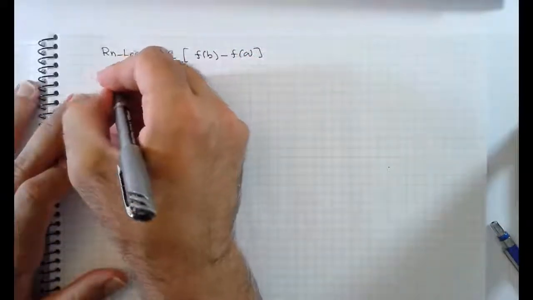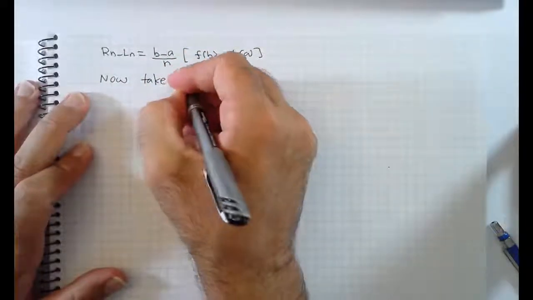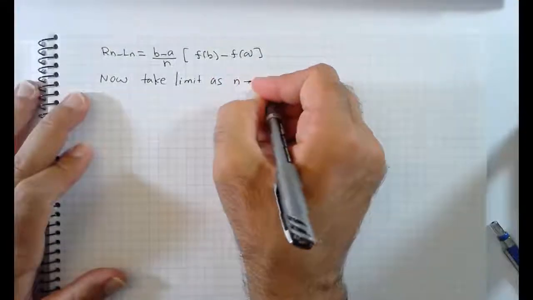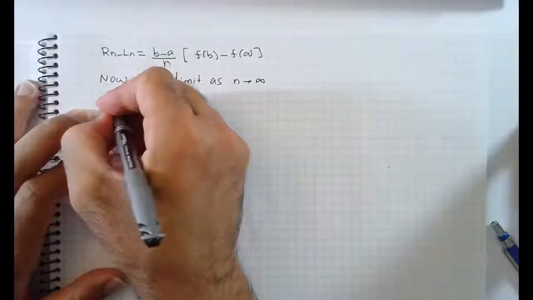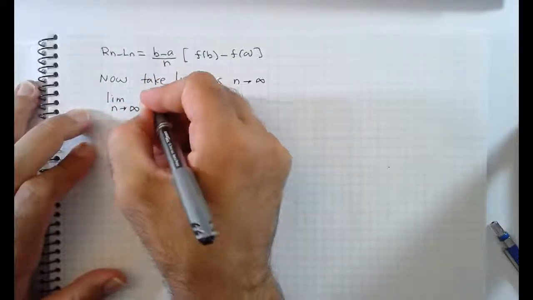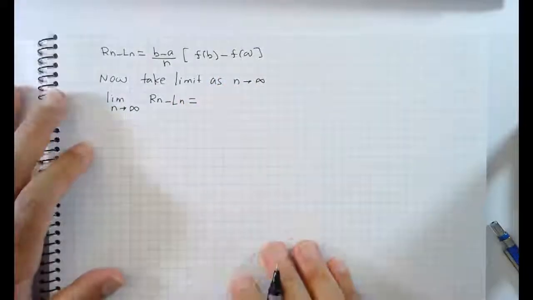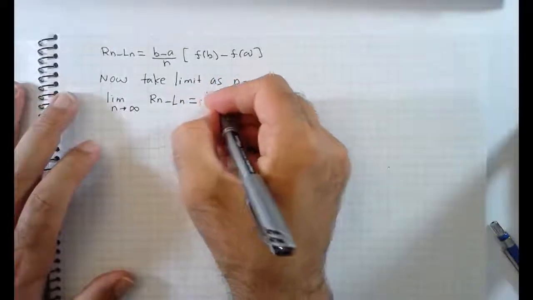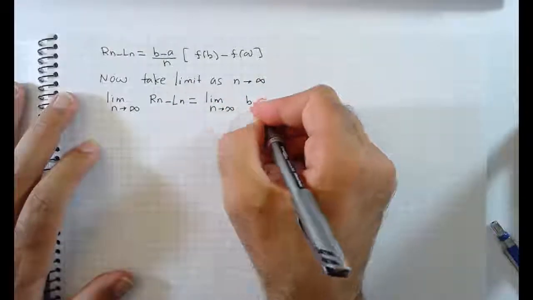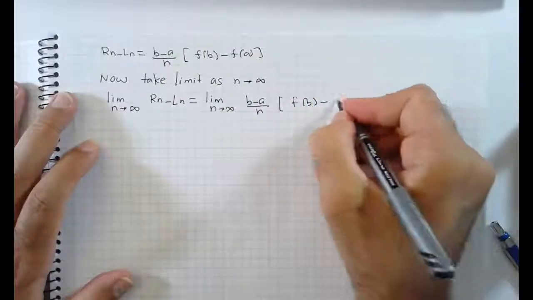Now take the limit as n goes to infinity. So the limit as n goes to infinity of Rn minus Ln is equal to the limit as n goes to infinity of (b minus a) over n times (f of b minus f of a).